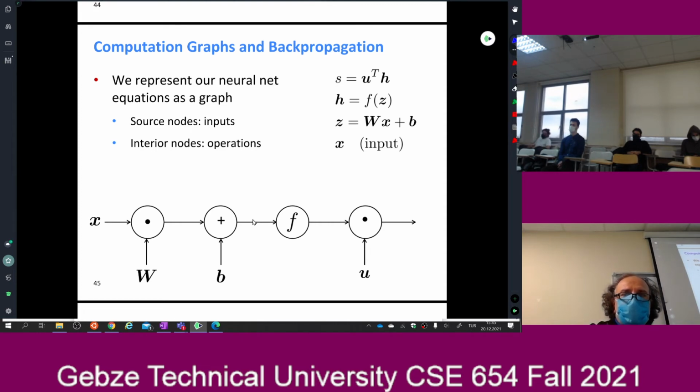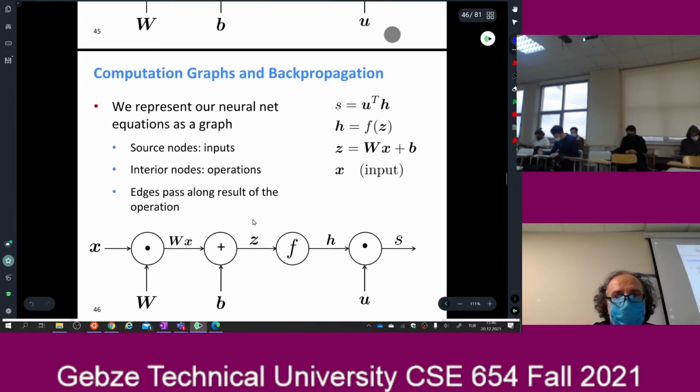So again, this is not the complete network. After S, we need to calculate the sigmoid function or the softmax function, but we are going to stop at that point, and the rest of it is easy. We are going to look at this network as it is right here.